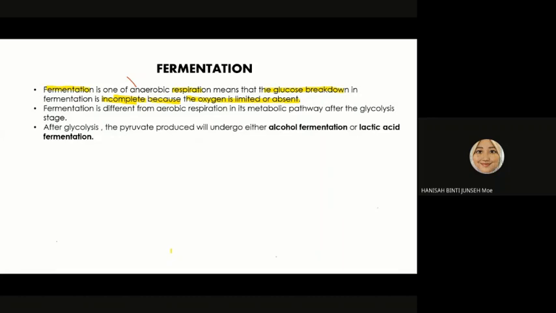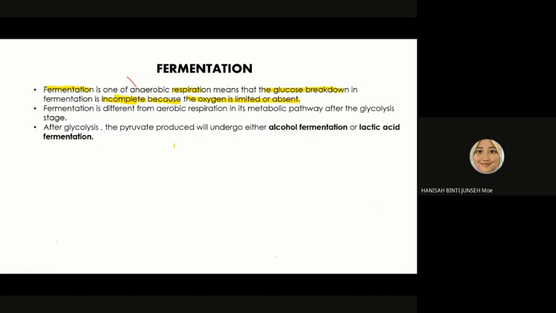That was discussed in the previous session. So what happens in fermentation? There's still a breakdown of glucose to become pyruvate. But since there is no oxygen, there is no point in this pyruvate going to the mitochondria to be oxidized, because there is no oxygen.